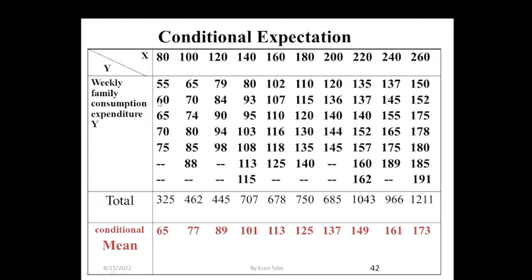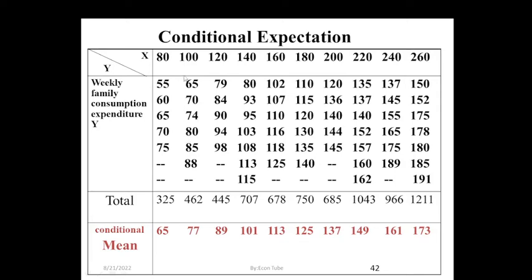The total weekly family expenditure for the group with 80 weekly income is 325, by adding 55 plus 60 plus 65 plus 70 plus 75. On average, this conditional mean is found by dividing by the 5 observations, and 325 divided by 5 gives 65.